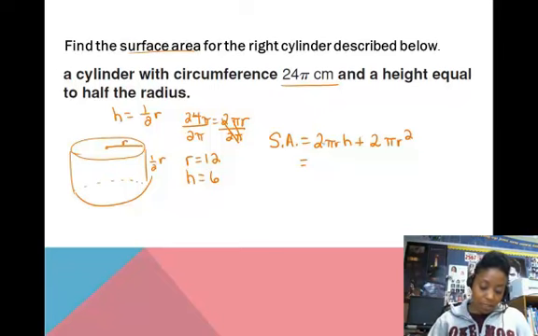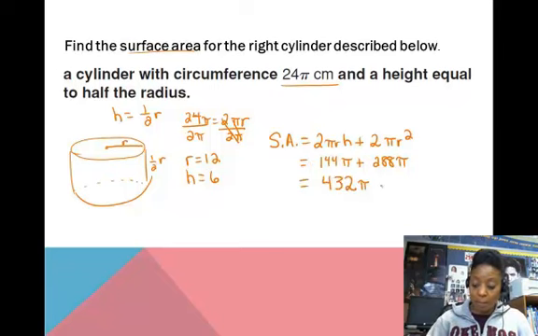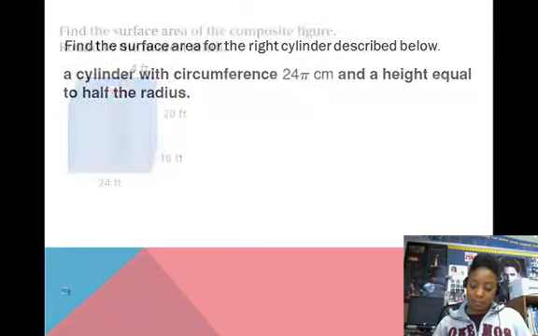So 24 times 6 is 144 pi, plus the area, which is 2 pi r squared. r is 12, so that's 144. That's 288 pi. And if we add those together, we end up with a surface area of 432 pi square centimeters. Okay.